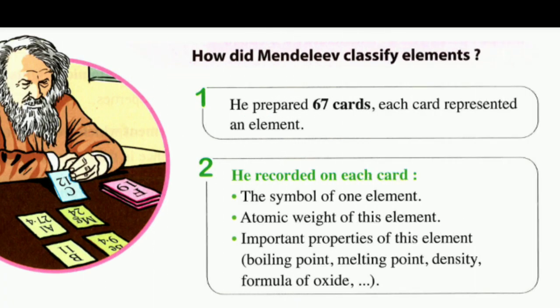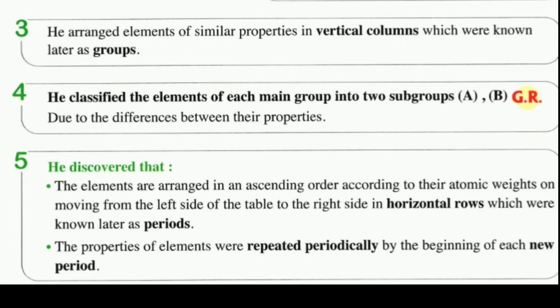Second, he recorded in each card the symbol of one element, the atomic weight of this element, and important properties of this element, like boiling point, melting point, density, and formula of oxide. Third, he arranged elements of similar properties in vertical columns, which were known later as groups.